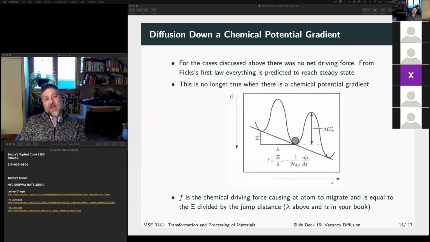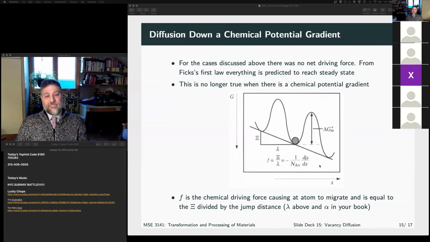So we're still going to have atoms jumping this way, but we're going to have a much, much smaller fraction of them going this way than by going this way. So that means a fairly small chemical potential gradient is enough to bias the diffusion one way or the other.